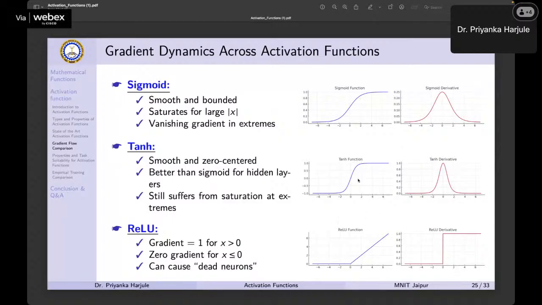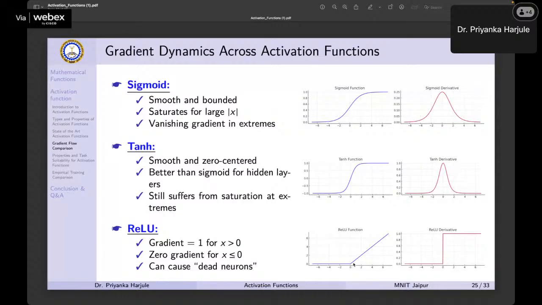Then we have the tanh, which has the advantage of zero centered outputs between -1 and 1. It gives us a steeper slope in the center compared to the sigmoid. But it still saturates at the extremes, which causes the vanishing gradient problem, though less than the sigmoid. Then we saw the ReLU.